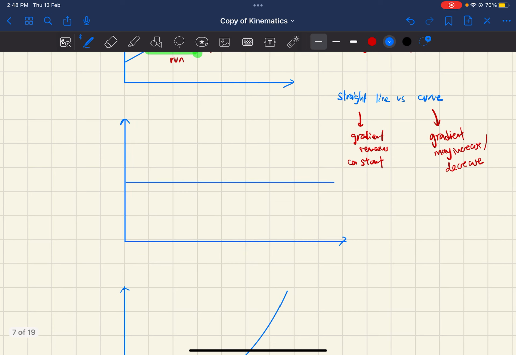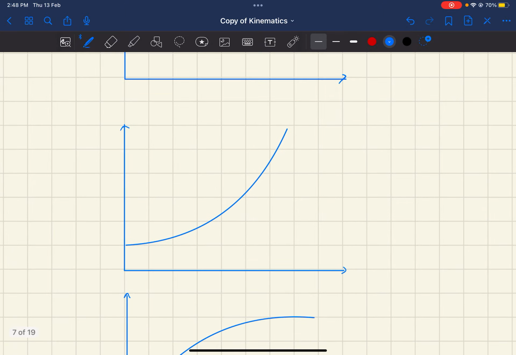Next one. If it's a horizontal line over here, there is no rise. If there's no rise and your gradient is rise over run, then your gradient is just 0 in this case. Next one. Think of your gradient as the steepness of the graph. As you can see over here, the graph is getting steeper and steeper. So your gradient is increasing, and because it is sloping upwards, your gradient is positive.